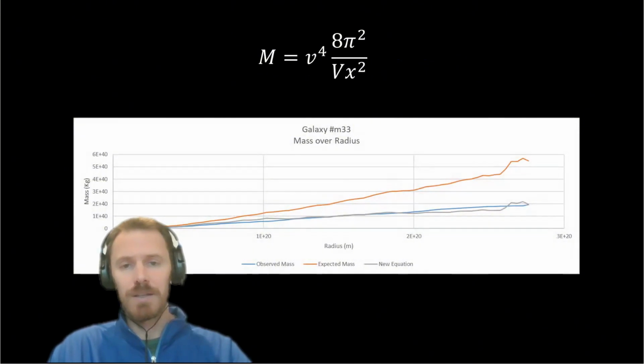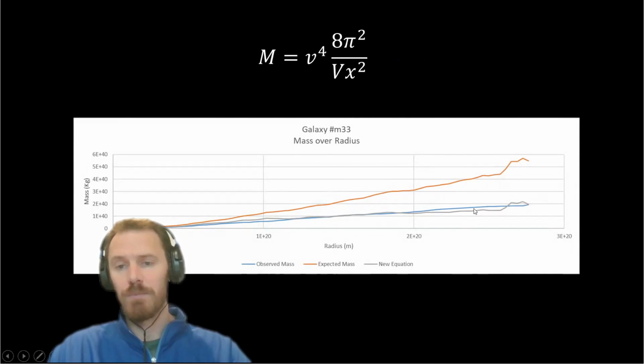And again, this is our galaxy M33. The blue line is the observed mass, the visible observed mass of that galaxy. The orange line is the expected mass of that galaxy given its orbital velocity. And again, you can see a large discrepancy between the visible and expected or predicted mass.